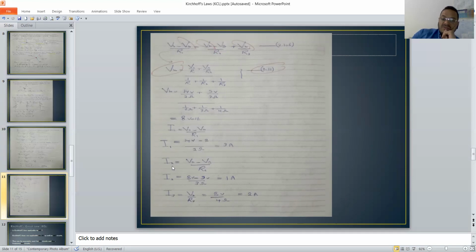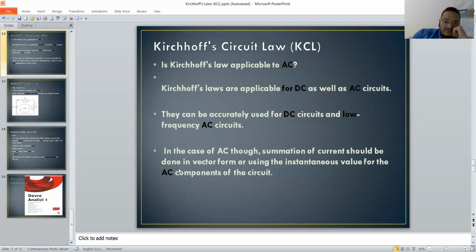I2 equal VB minus VG divided on R2. VB 8 volt minus 10 volt divided on 3 equal 1 ampere. I3 equal VB divided on R3 equal 2 ampere.